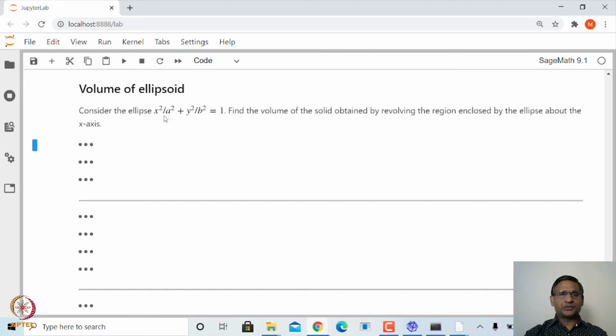One can obtain an ellipsoid by the surface of revolution of rotating or revolving this ellipse x square upon a square plus y square upon b square equal to 1 about the x axis. In fact, you can just take the upper part of this ellipse and rotate about the x axis between x equal to minus a to x equal to a, you will get an ellipsoid.